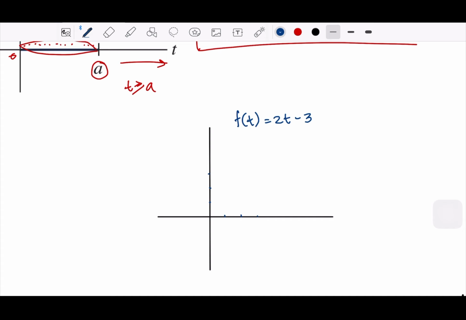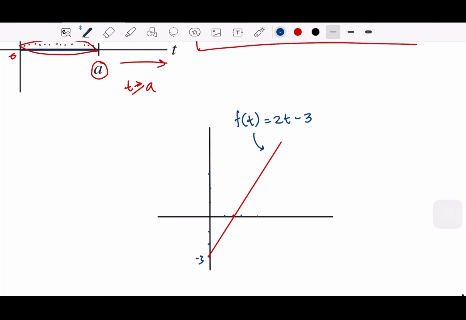It starts from -3 down here, and when it's 0, it goes to 3/2, so maybe around here are the intersections and the intercepts. Let me write with the red color. Okay, let me draw for you. This will be the line, right? So we call this our function.